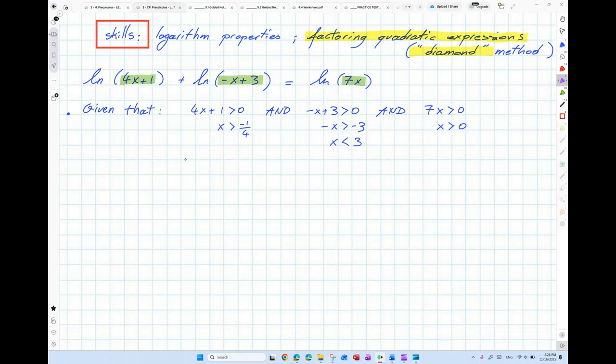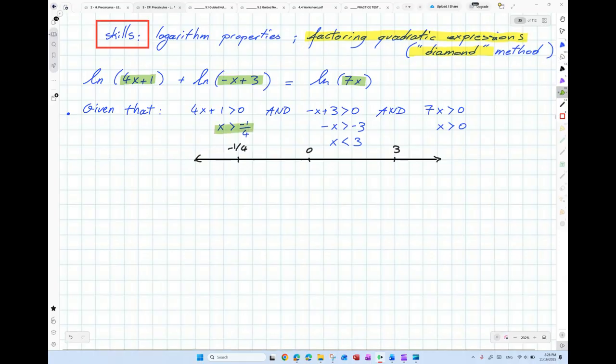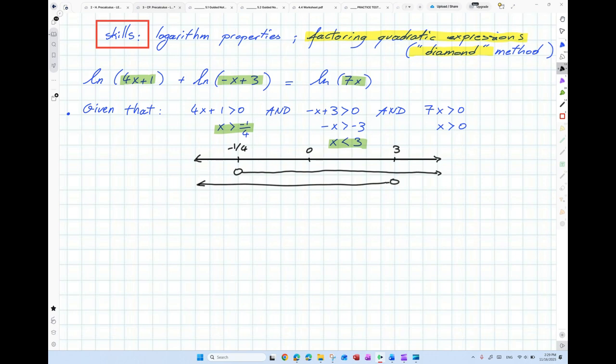So if I report all those on a number line, I'll have negative 1/4, 0, and 3. x has to be greater than negative 1/4, it has to be less than 3, and it has to be greater than 0.